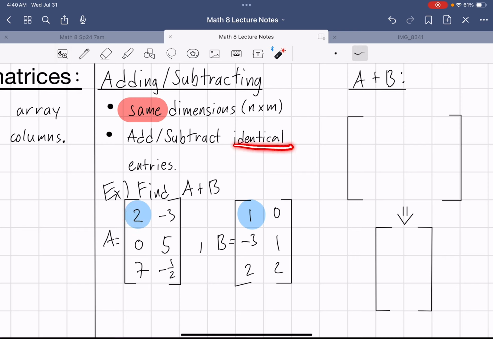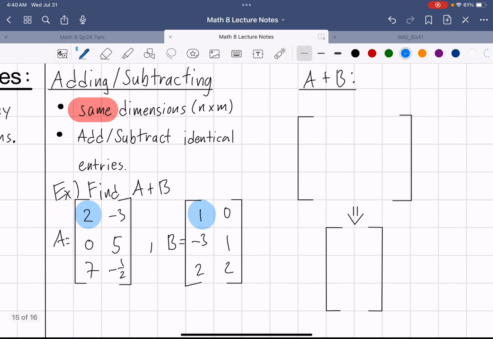And that's what I mean by identical entries. We're just going to apply the operations. So here, I'm going to take 2 plus 1. And then I'm going to add -3 with 0. That's going to be -3 plus 0.